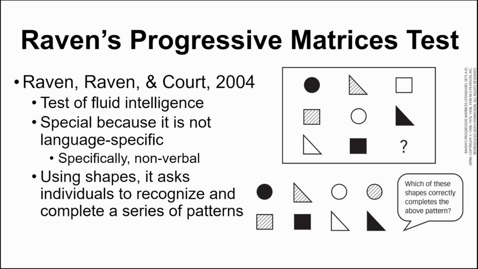It doesn't rely on verbal components, and therefore it was hoped to be a little bit less culturally biased. As always, there's still going to be differences between cultures because whoever designs a test has their own way of thinking about what's important in terms of evaluating abilities.